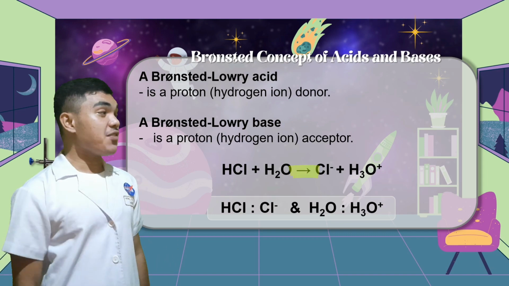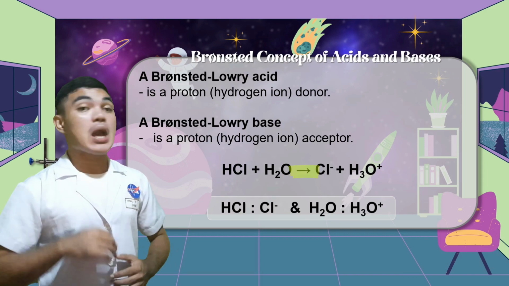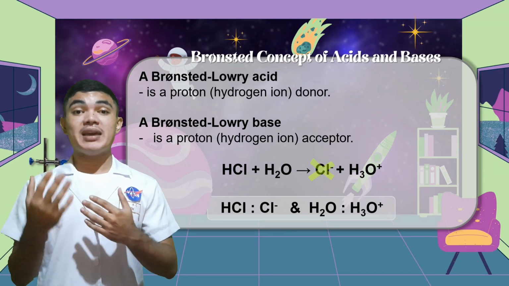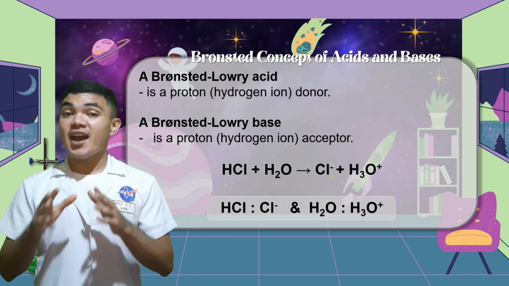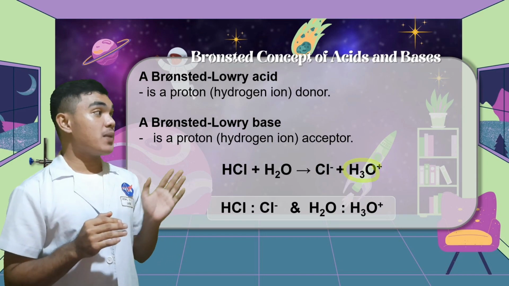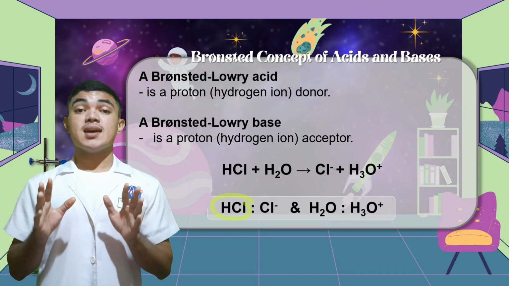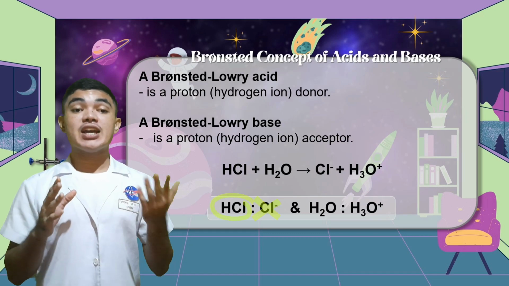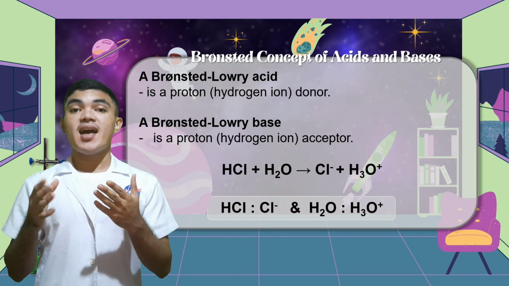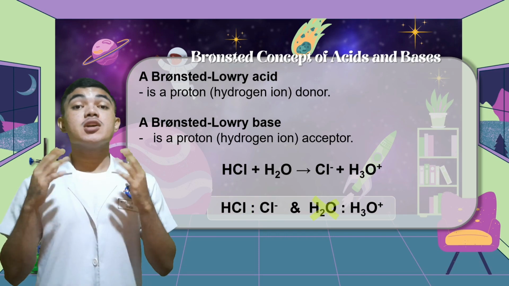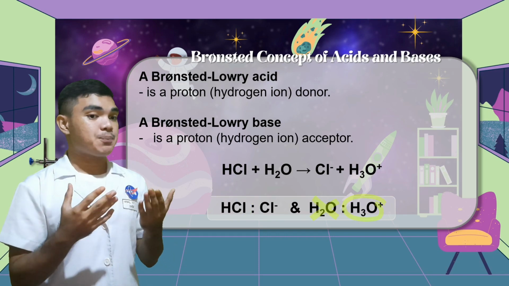Moreover, this arrow signifies a strong acid or base, which will yield the conjugate base, chloride ion, that dissociates 100%, and the conjugate acid being hydronium ion. Therefore, HCl has a particular pair, chloride ion, as its conjugate base paired to its acid, and H2O has a particular pair, the hydronium ion.